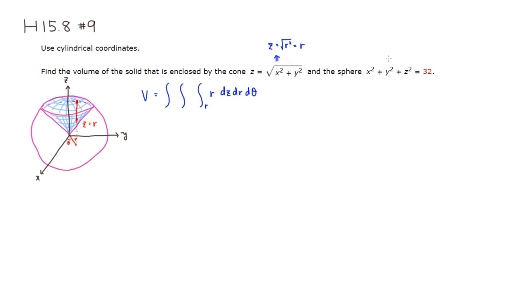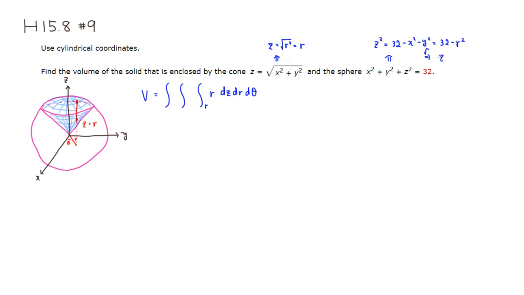So I'm going to have to solve for z here. z squared is equal to 32 minus x squared minus y squared, which is the same thing as 32 minus r squared. Then we can take the square root of both sides.